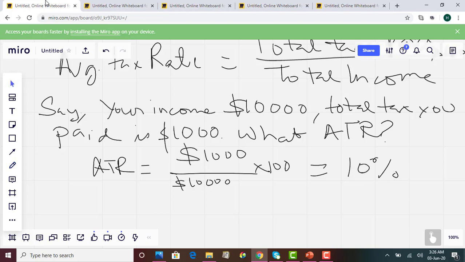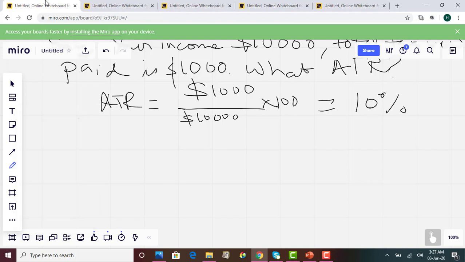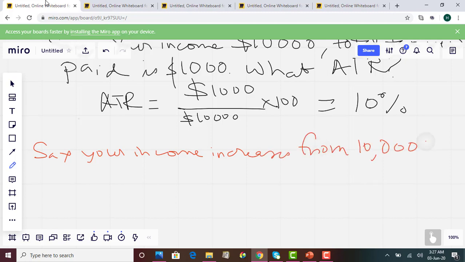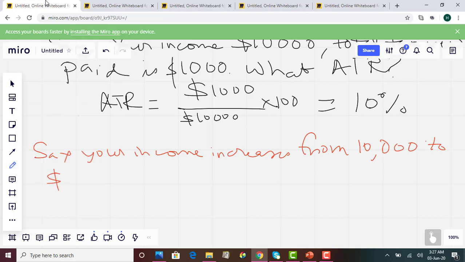Okay, now how about marginal tax rate? Let me do an example of marginal tax rate. Say your income increases from $10,000 to $15,000.